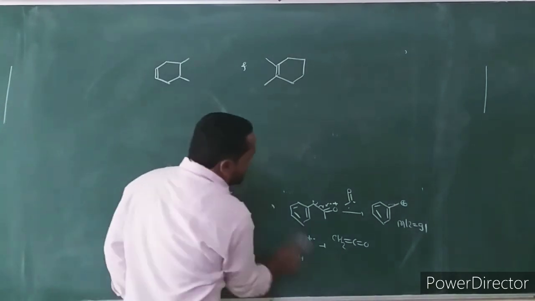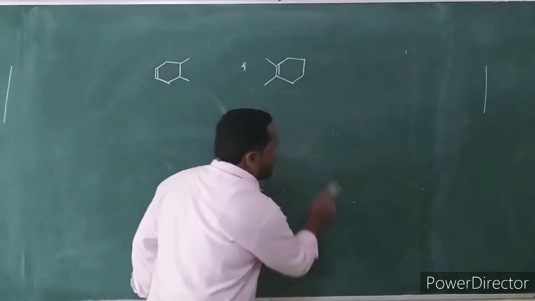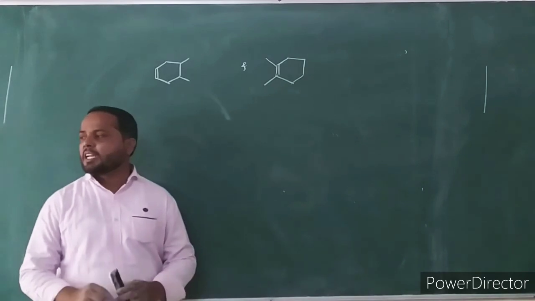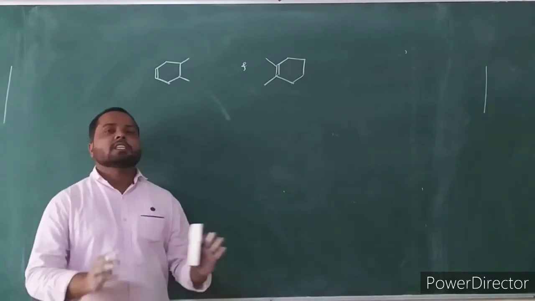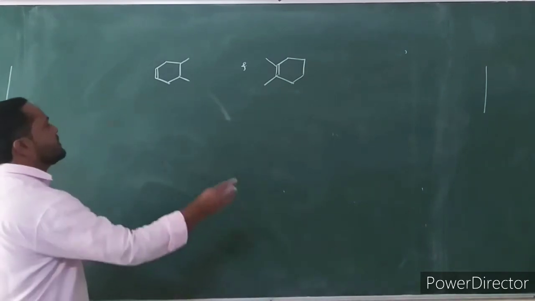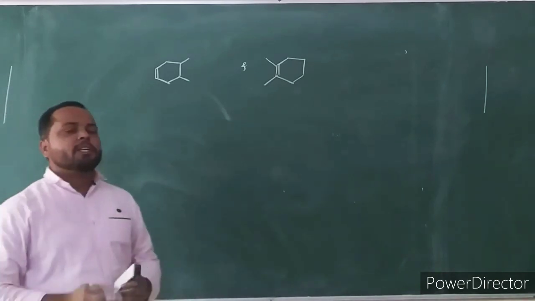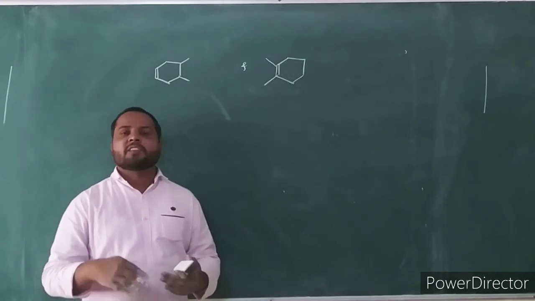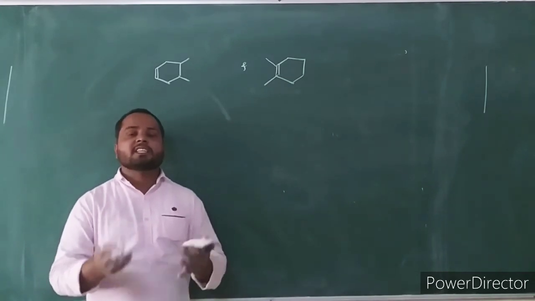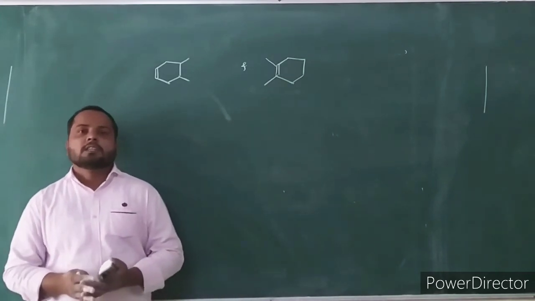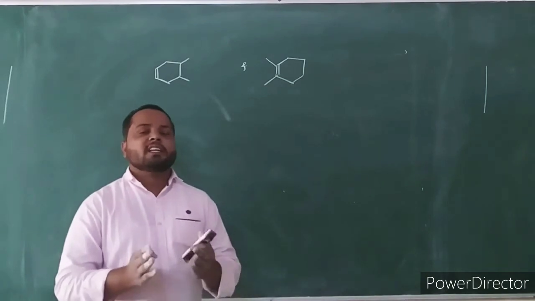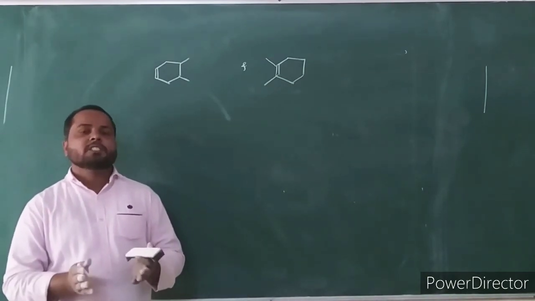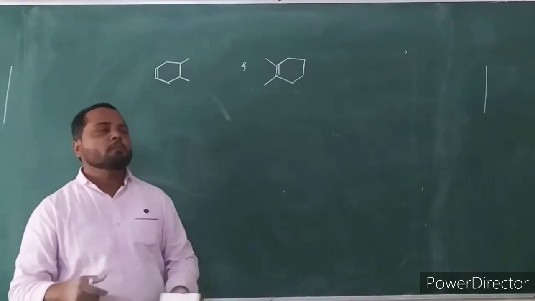Both are six-membered cyclic alkenes. The six-membered cyclic alkene undergoes retro-Diels-Alder fragmentation. After the retro-Diels-Alder fragmentation, two fragments are formed: a diene and a dienophile. Generally we consider the diene as the fragment ion and the alkene eliminated is considered a neutral molecule.